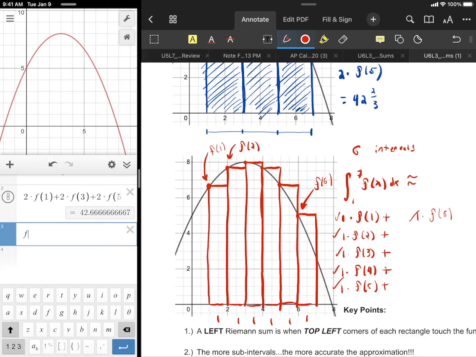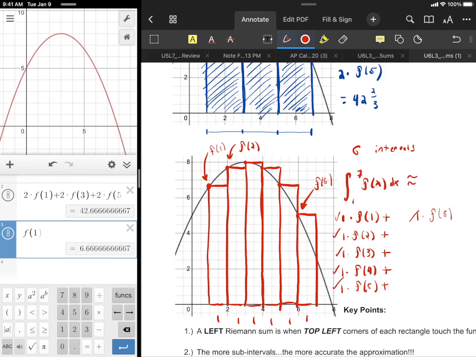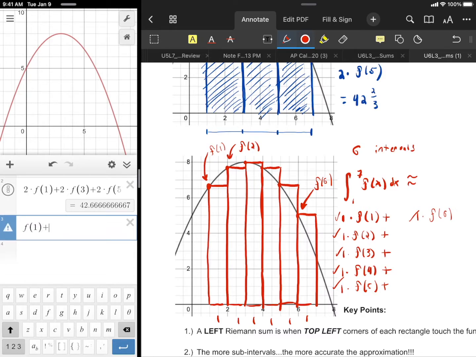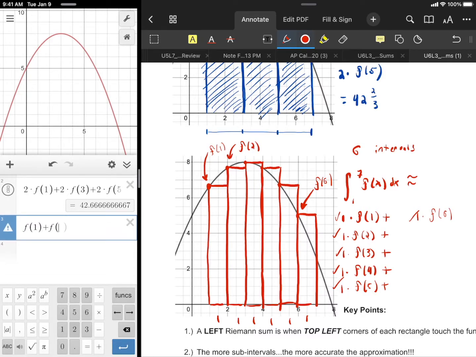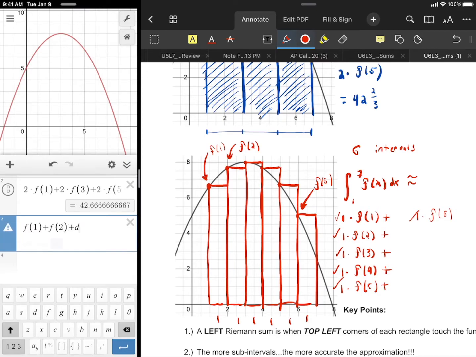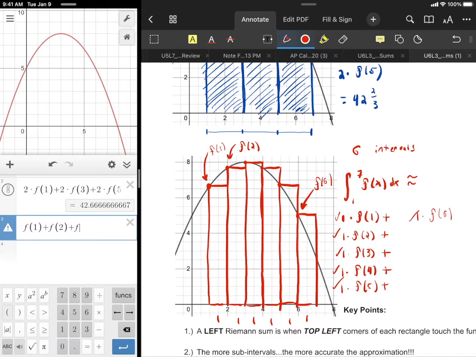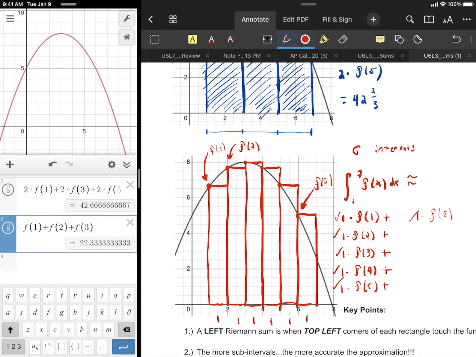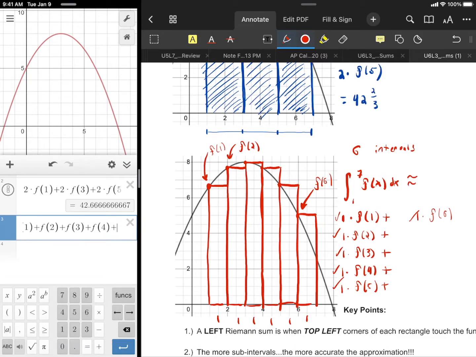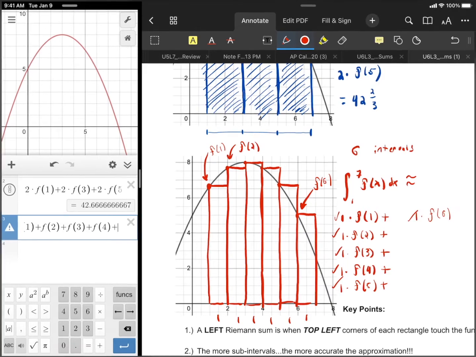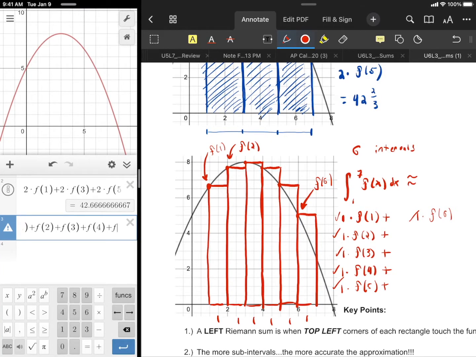We're going to do f of 1 plus f of 2, and so on and so forth, until we get all of these done, plus f of 3, plus f of 4, plus f of 5, one more, plus f of 6.